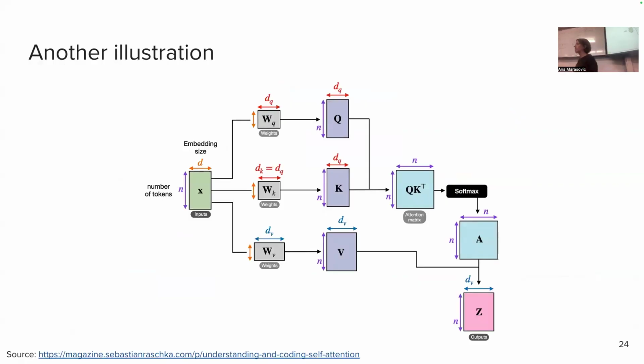This is another visualization, I'm just trying to show you all kinds of different visualizations in case this wasn't clear. Here, again, input X, you produce different representations, do these products to then produce the final value, which is Z.